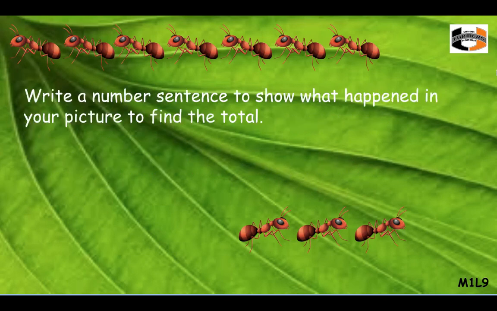Write a number sentence to show what happened in your picture to find the total. Seven plus 3 equals a total of 10 ants.